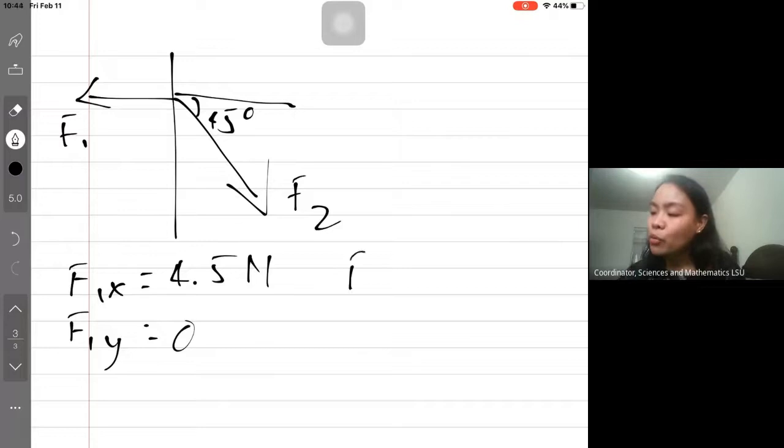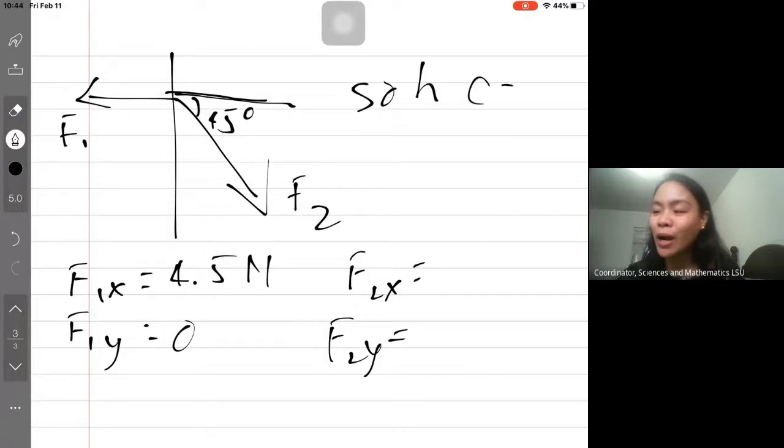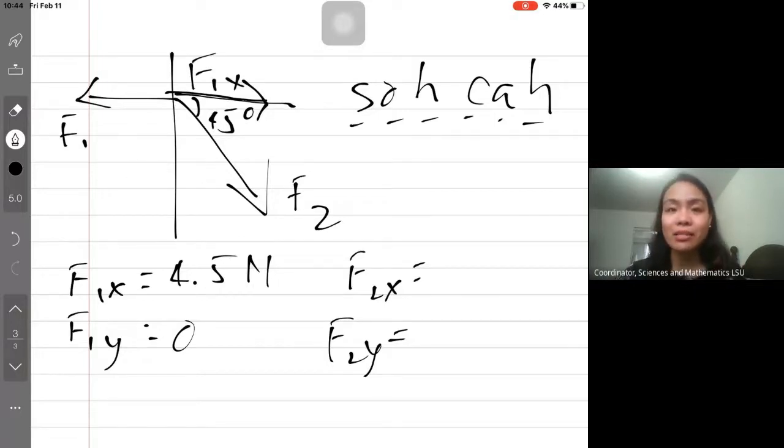Now, F2x will be, the x-axis is here, and it is adjacent to your angle, so you are going to use cosine. Do not forget your SOHCAHTOA. Cosine is adjacent over hypotenuse, sine is opposite over hypotenuse. Adjacent is near.